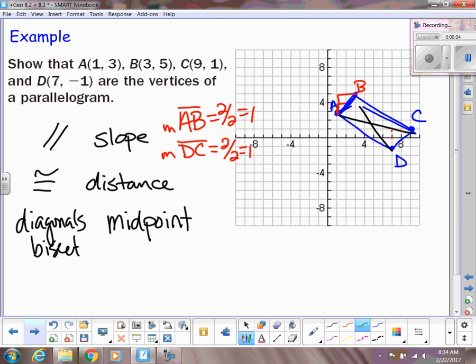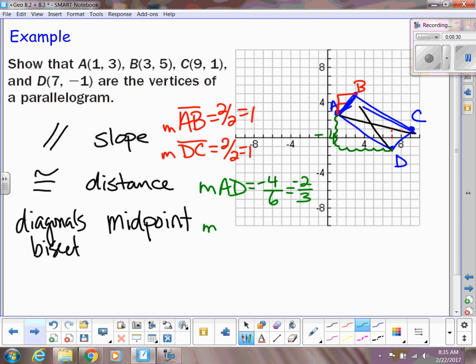So that's one pair of opposite sides that are parallel. All right, so the slope of AD, if I count, this is down 1, 2, 3, 4, and then over 1, 2, 3, 4, 5, 6. All right, so that's down 4 over 6, which reduces to -2/3.